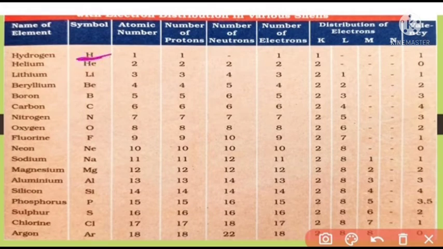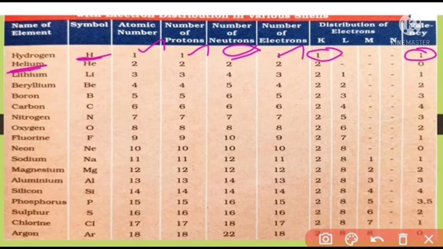Hydrogen: symbol H, atomic number 1, number of protons 1, number of neutrons 0, number of electrons 1. So the K shell contains 1 electron. This is the valency of hydrogen, which is 1.